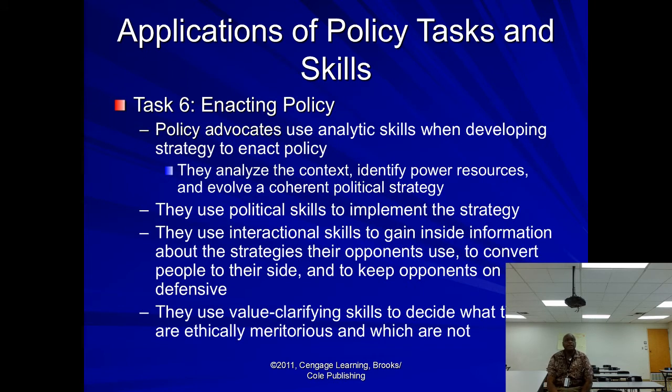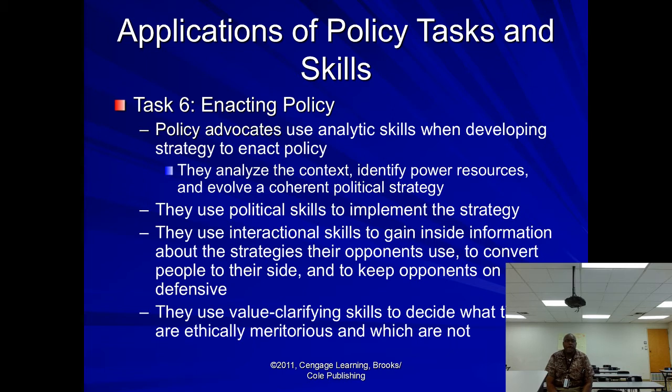Task number 6, enacting policy. Policy advocates use analytic skills when developing strategy to enact policy. They analyze the context, identify power resources, and evolve a coherent political strategy. They use political skills to implement the strategy.